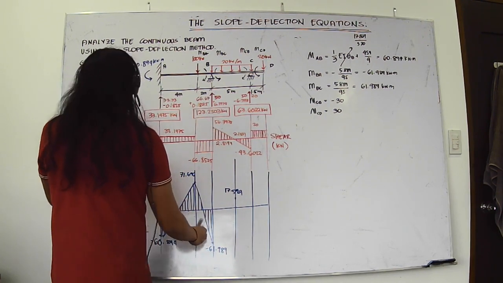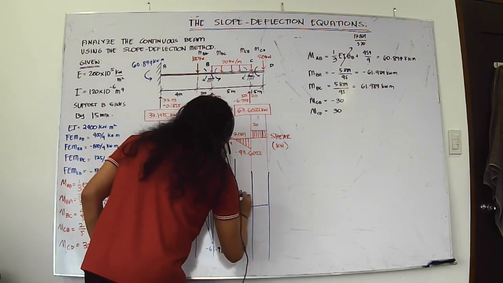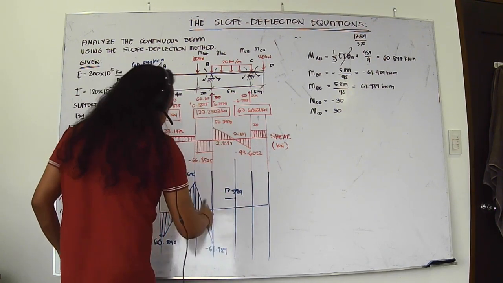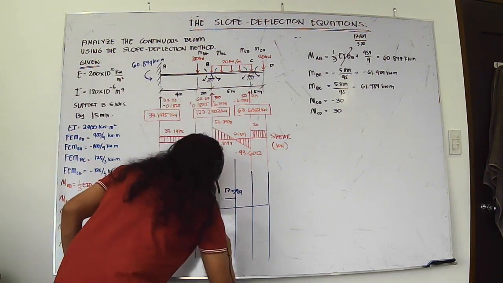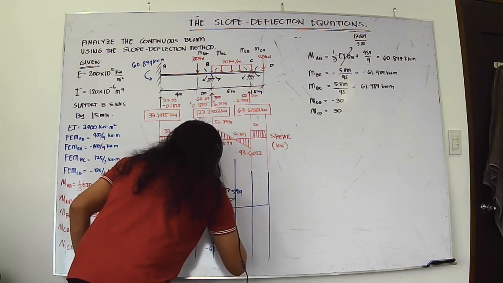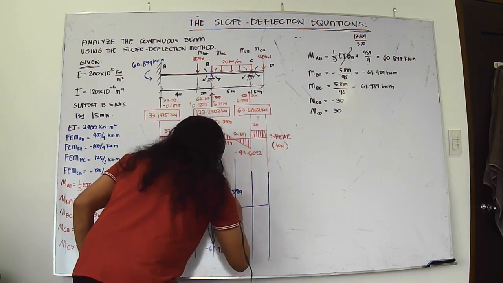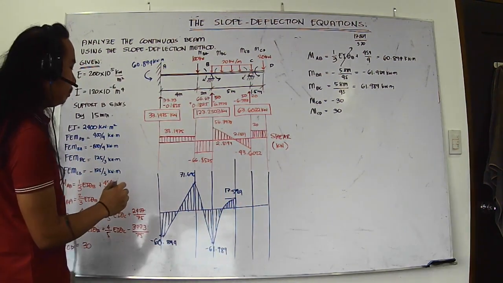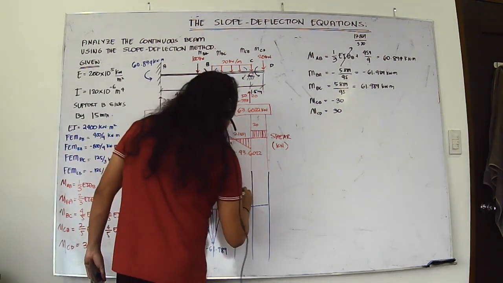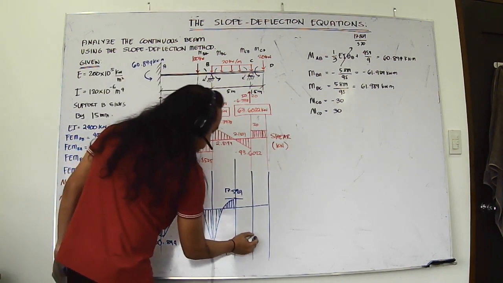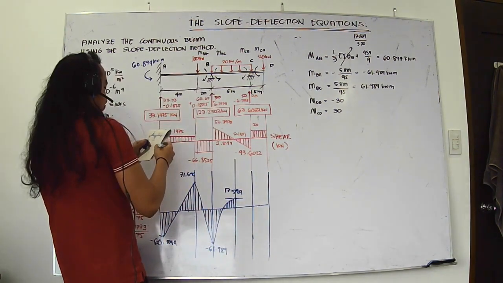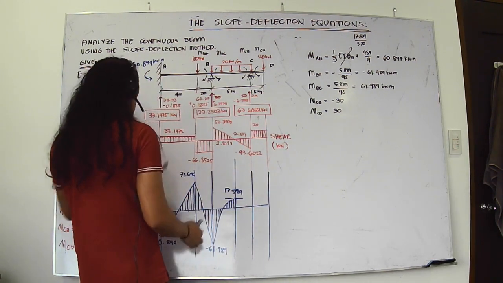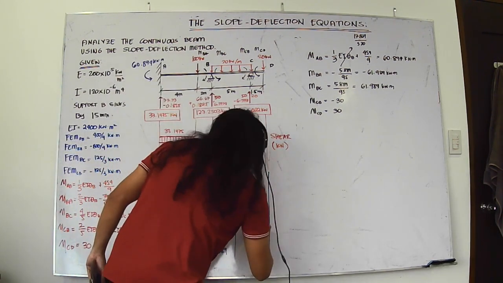This is a big slope here, and a small slope there. Big slope goes upward, small slope is more horizontal. The area plus this should result in negative 30.